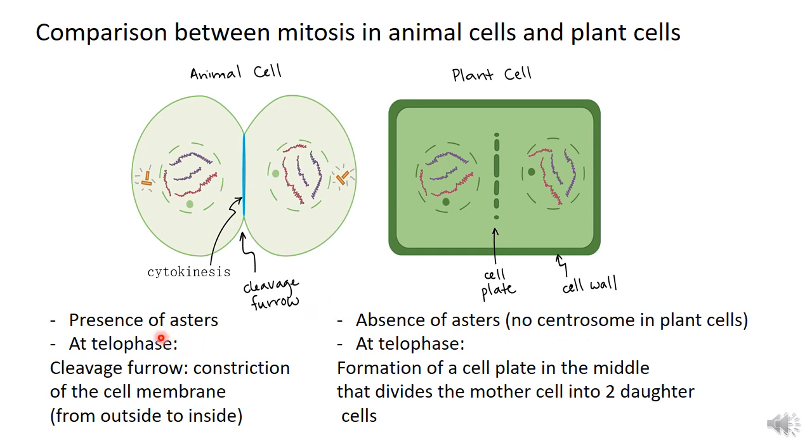We move to the second difference. We know that telophase happens in animal cells by a cleavage furrow, which is a constriction of the cell membrane from outside to inside that leads to cytokinesis. Cytokinesis means a division of the cytoplasm of the mother cell into two daughter cells.